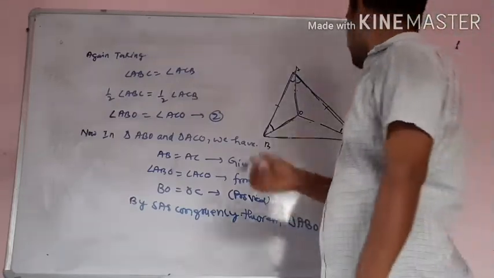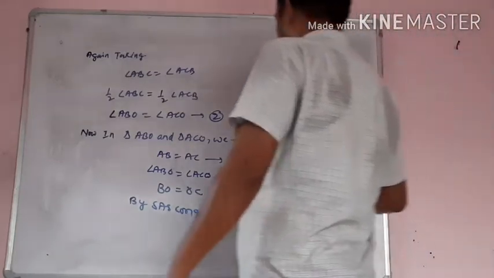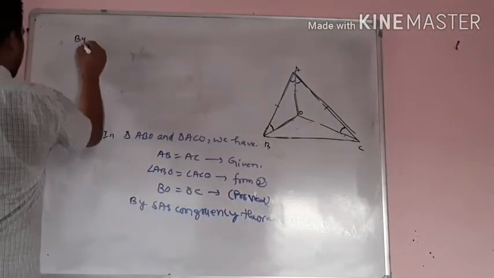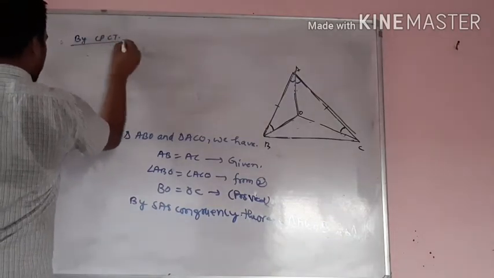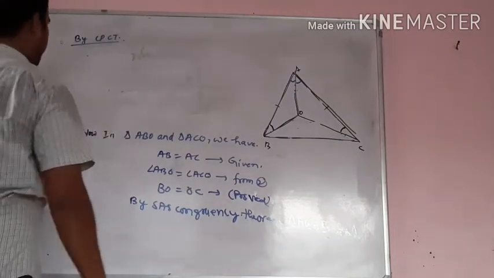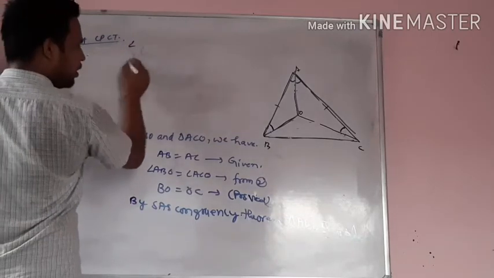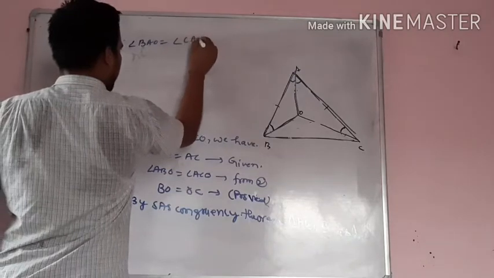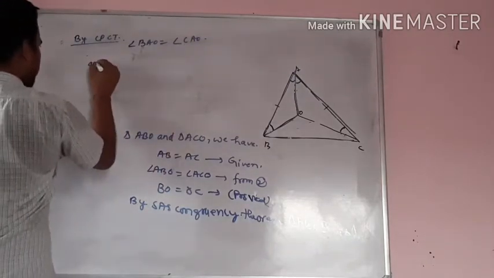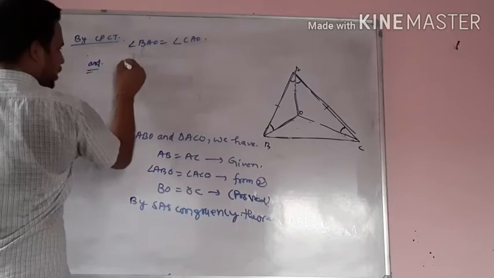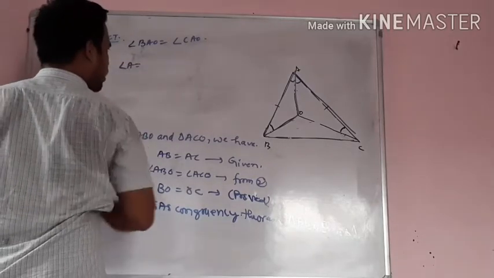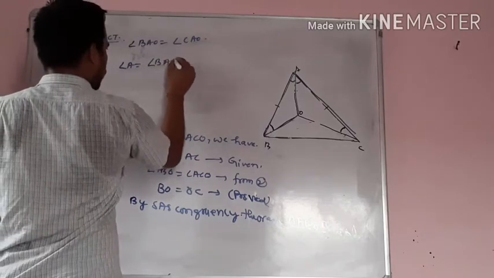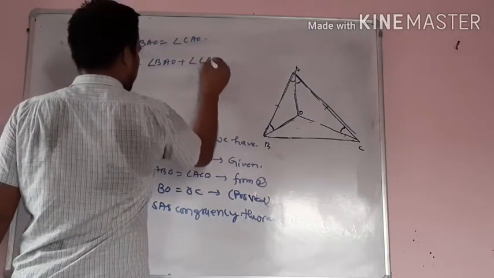So now, by CPCT, what do we have? Angle BAO equals angle CAO, and angle A equals the sum of angle BAO plus angle CAO.